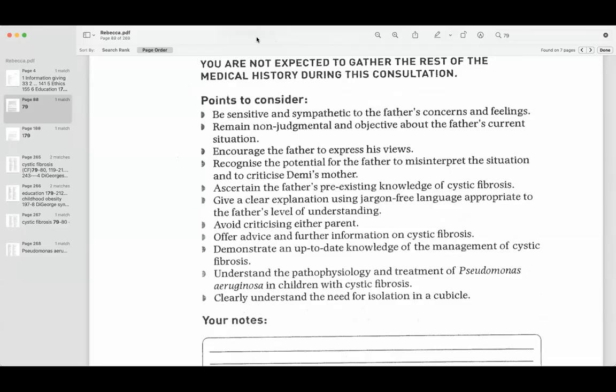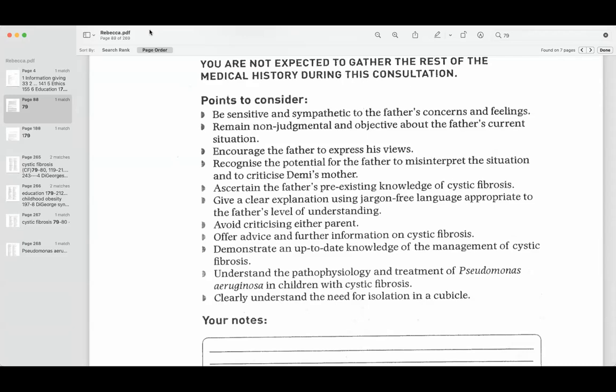Sure. First of all, Mr. Haggett, I must appreciate that you have the correct knowledge of the condition and you already understand it well. So that's very good. As you explained, children with cystic fibrosis have thick secretions. What this means is that it's very difficult for them to clear these secretions.